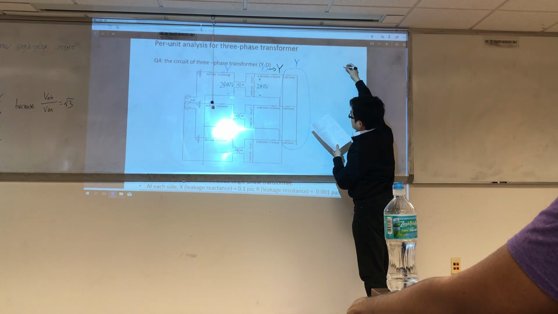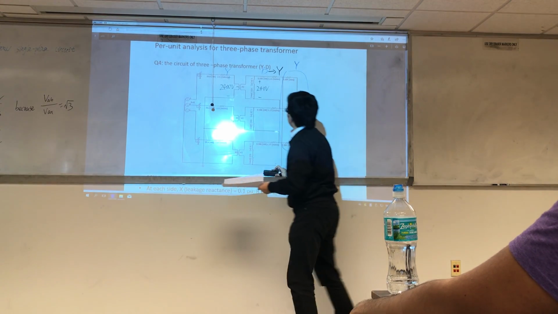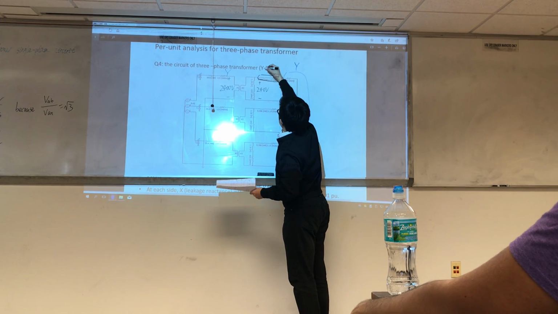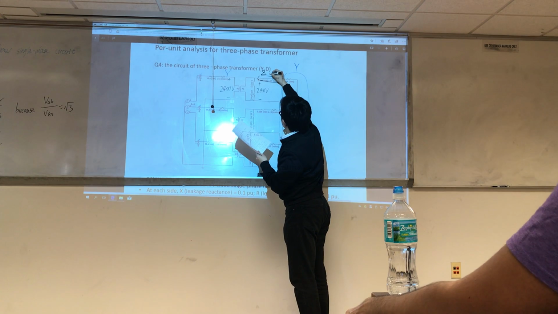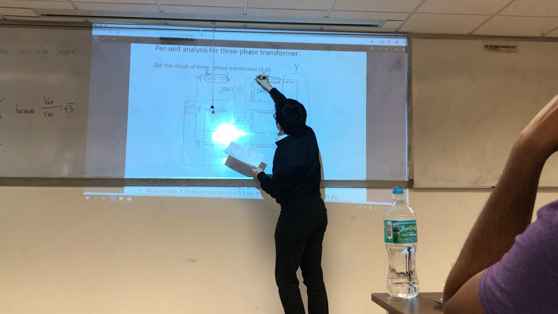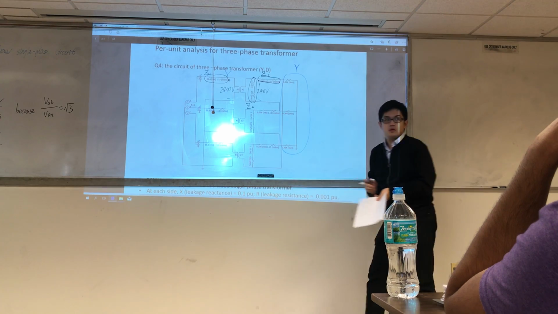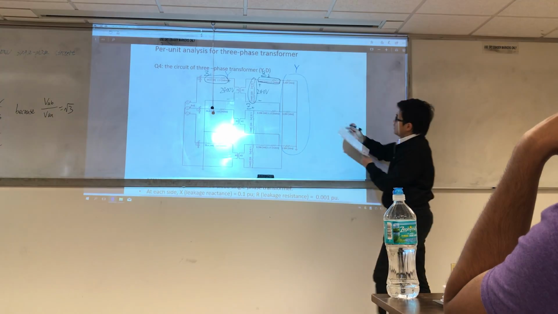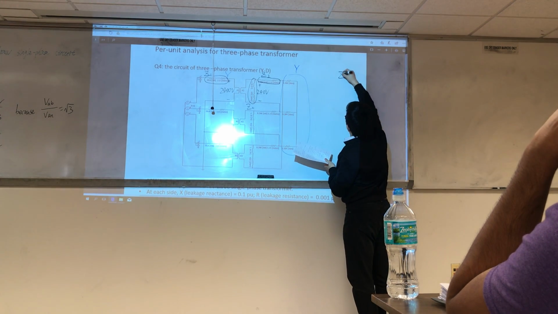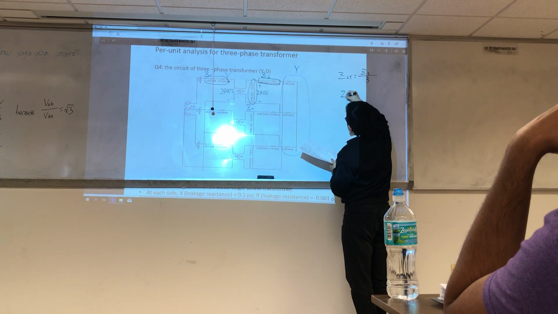Okay, so let's name this one Z2. This one is Z1. This part is ZC. Okay? So when we convert this one and this one to Y connection, this equation: Z2Y equals Z2 divided by 3.